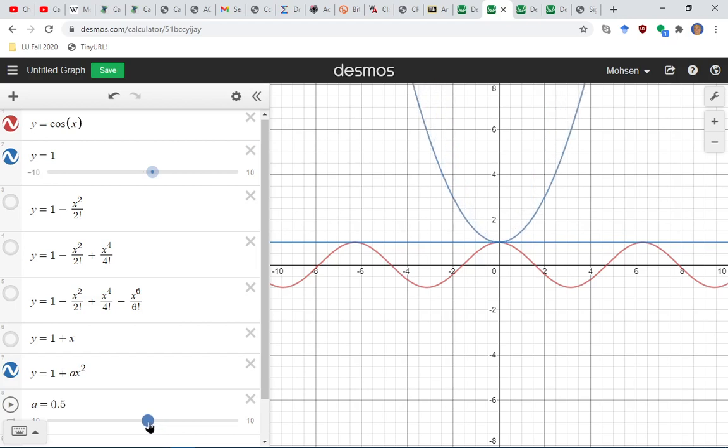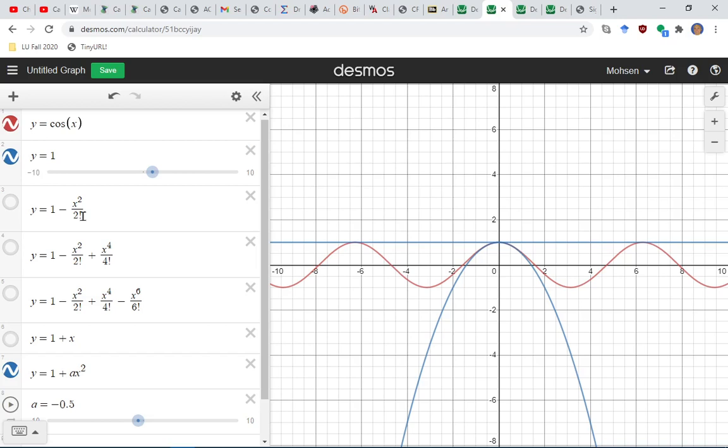I'm going to decrease a gradually. You notice that we are becoming flat first, then we go to the other side. You notice that I'm coming closer to the cosine curve. As I reduce my a to some level, I'm doing a pretty good job of reproducing my function. And that's actually the first approximation.